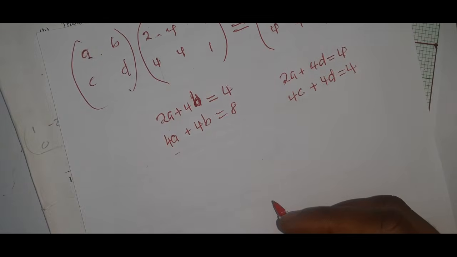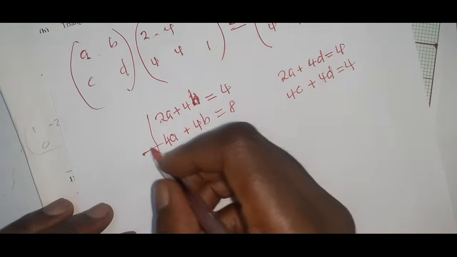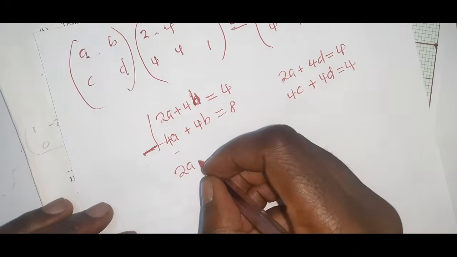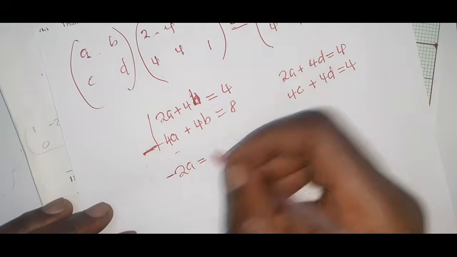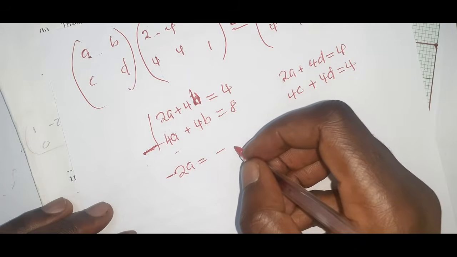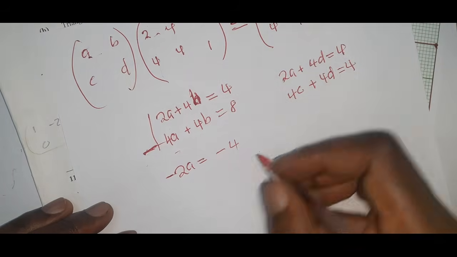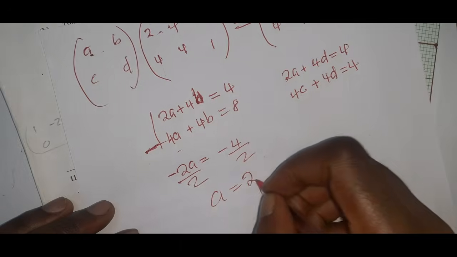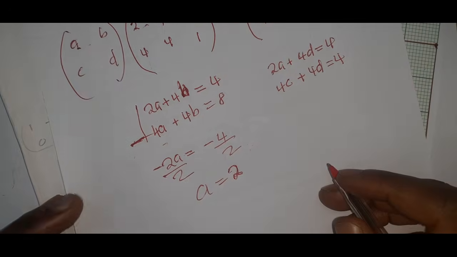I'm sure you know how to solve simultaneous equations. So we can eliminate here. When you use the elimination method, you have negative 2A is equals to negative 4 here. Okay. So you divide, A is equals to 2. Okay.